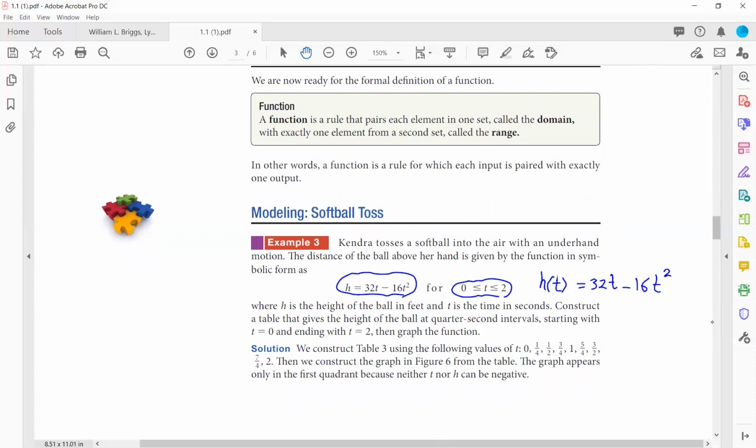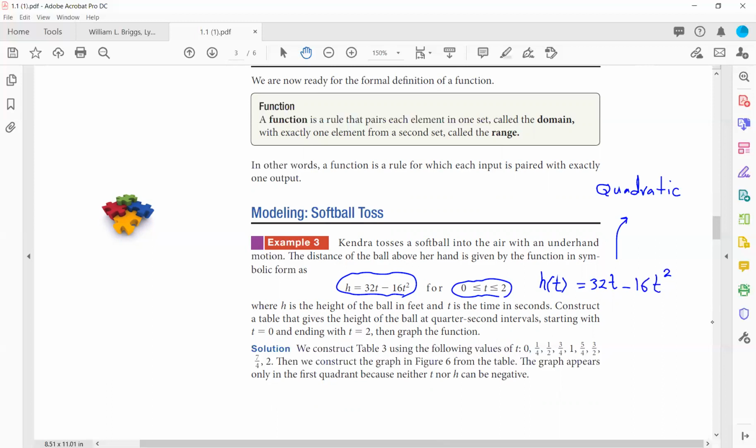The degree of this function is 2, so it's not a linear function. It's a quadratic function.